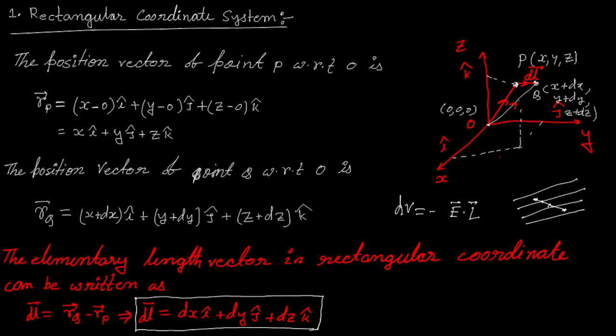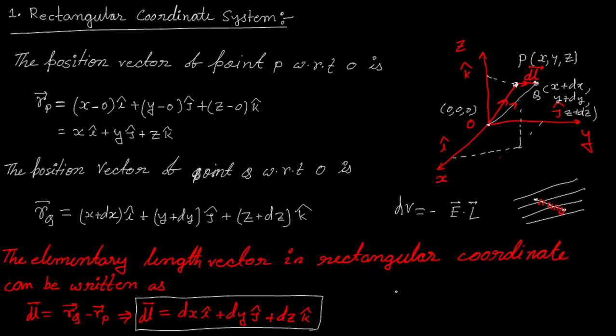So for that, what we have to do is divide this large length into small lengths like this, and then over each small length we can consider that the electric field is almost constant.